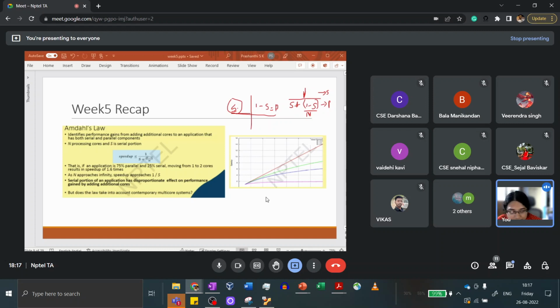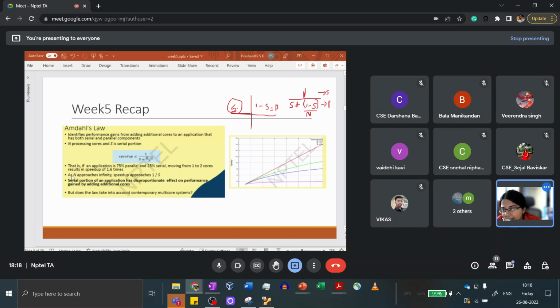And this is also called the law of diminishing returns, wherein you feed more resources in the hope that it will solve your problem faster, but the more you add, the benefits that you get from adding those resources actually diminish, or they become less, right?